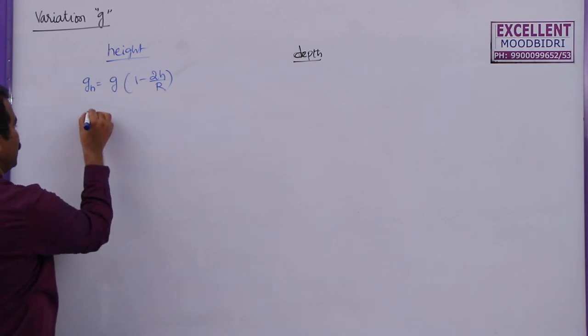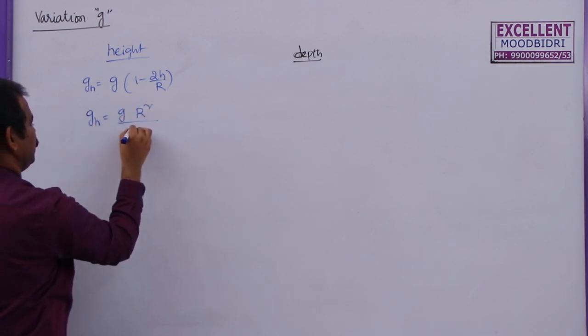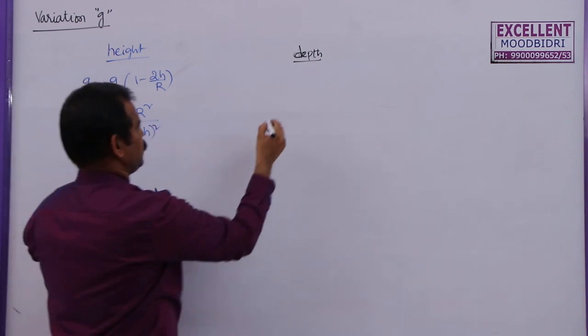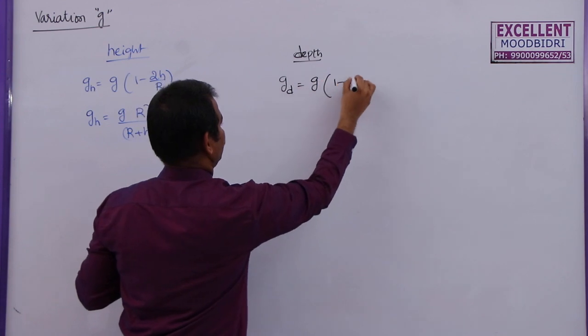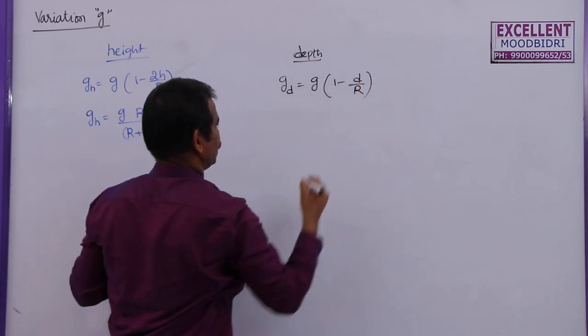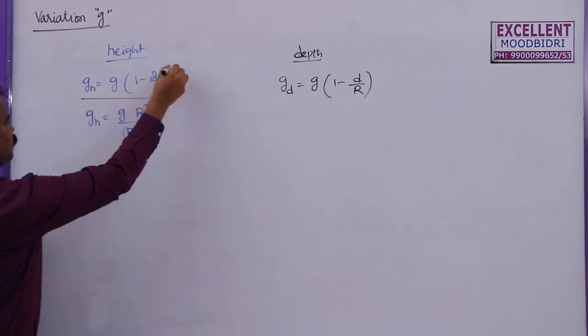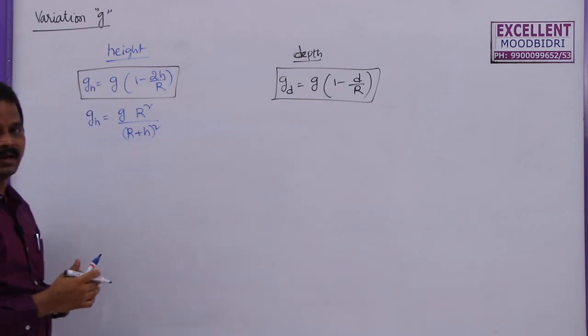Or one more formula, g_h is equal to g into R squared by (R plus h) whole squared. Now what about the formula here? Small g at depth d is equal to g of 1 minus d by R. This is for small depth only, because the maximum depth itself is the radius of earth.